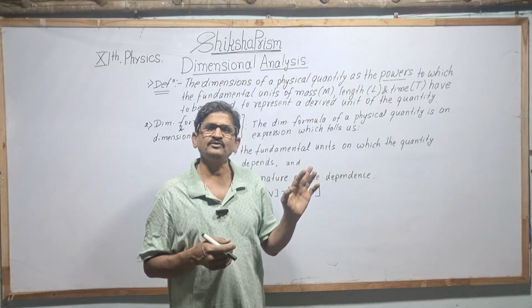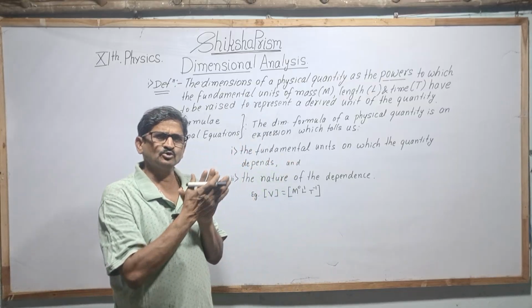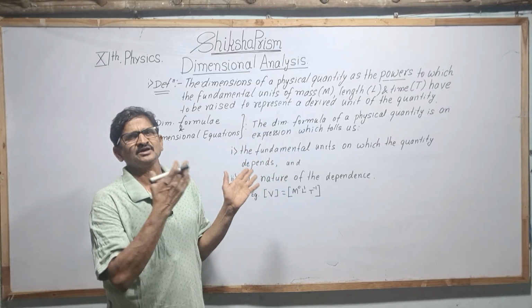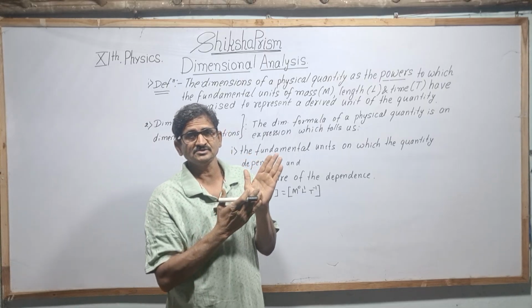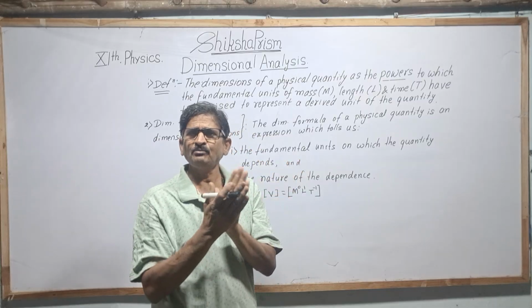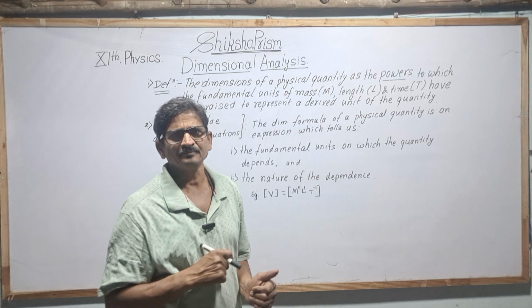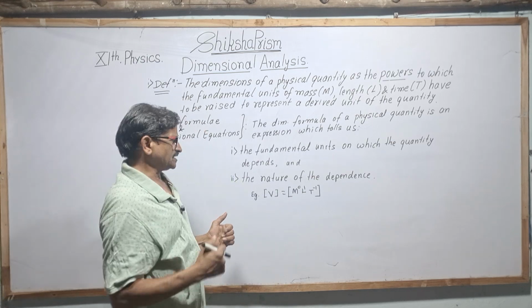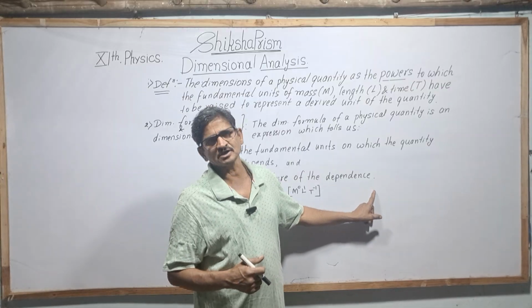It means that by looking at the equation of a derived quantity, we can say that the derived quantity depends on some fundamental quantities, and the power indicates how many times that fundamental quantity is represented there. And it tells us the nature of the dependence also.